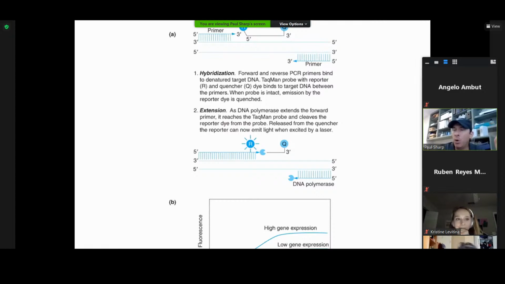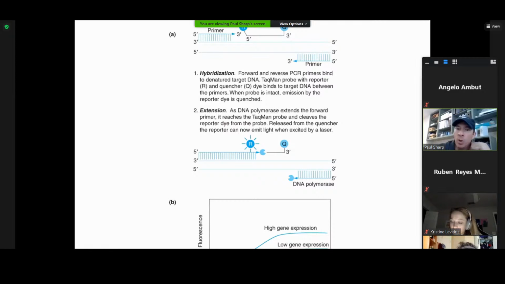Now you might be saying, well, what does this mean for the qPCR in this tube versus the qPCR in this tube? What does it mean that this line crosses the threshold before this line?